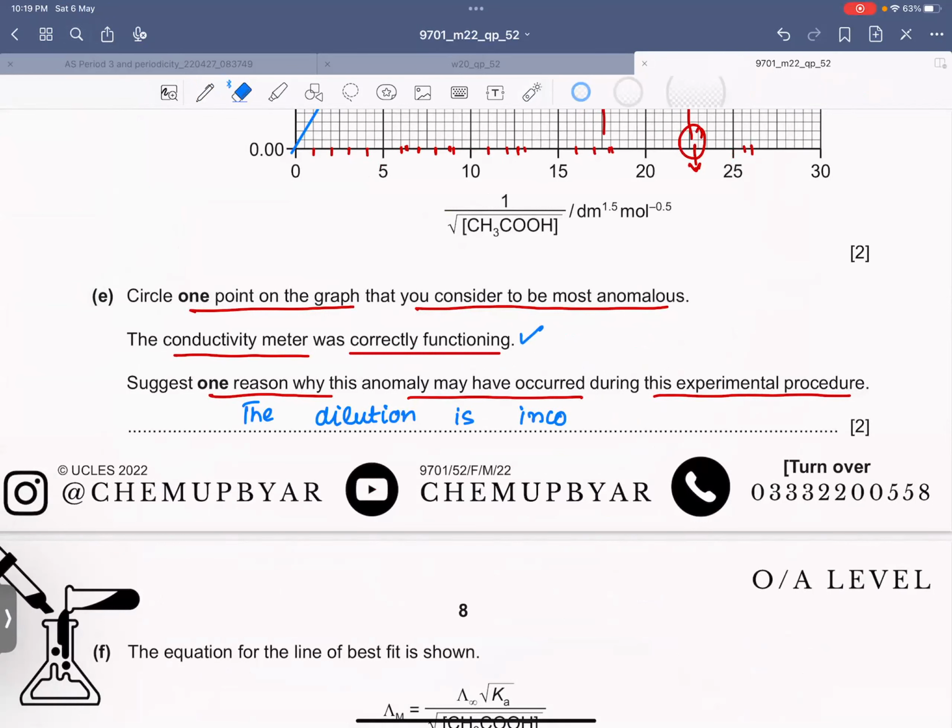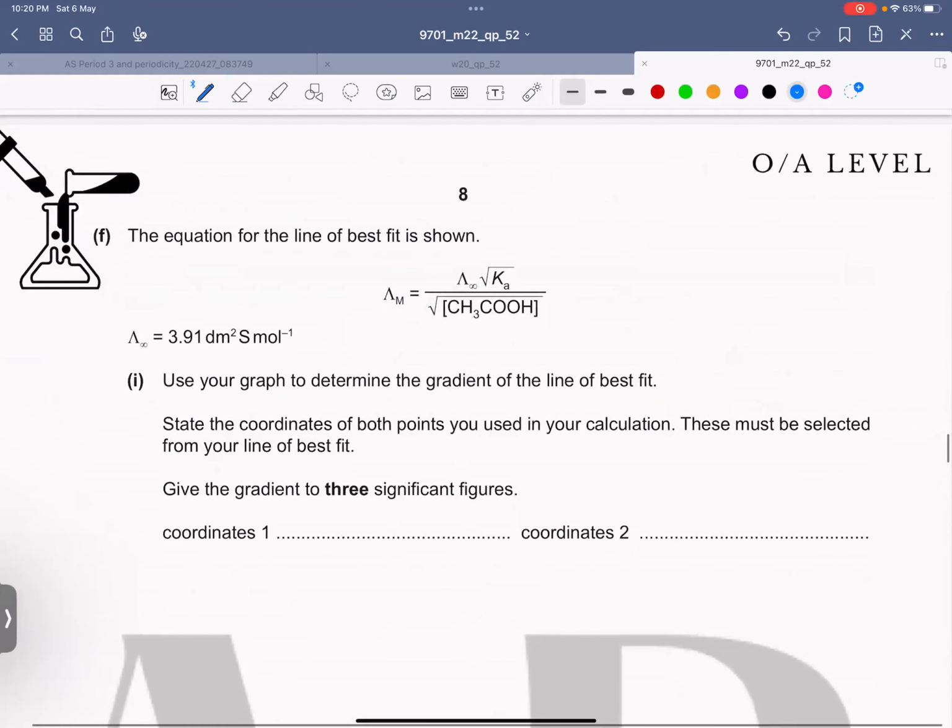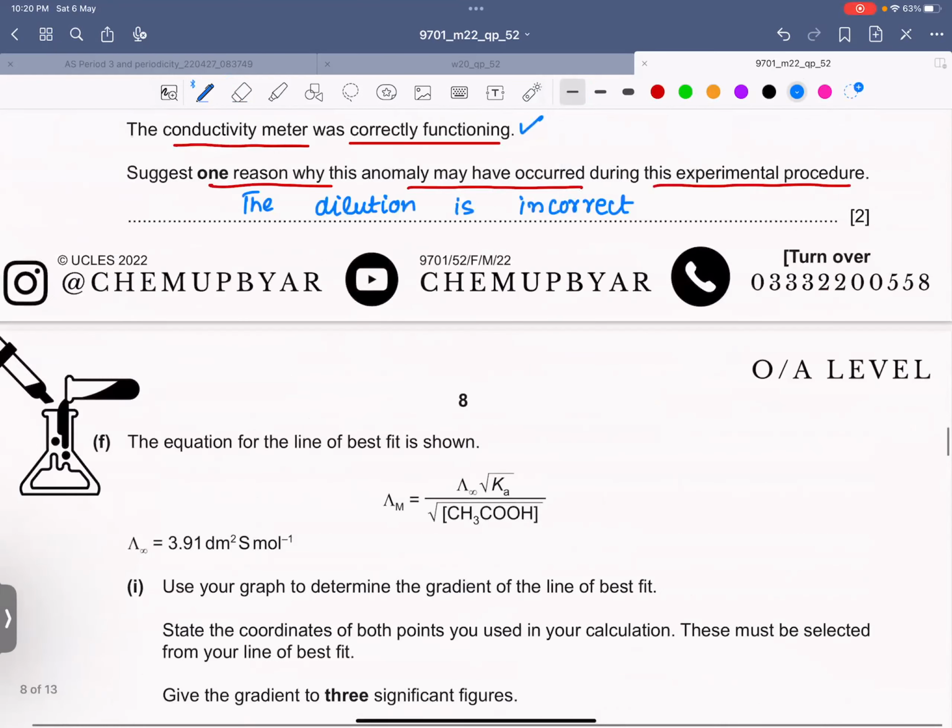So it means the solution that we have made, we did some error in it, and we didn't get the actual concentration that we needed or that we have written in the data. Is this clear to everyone? Yes.